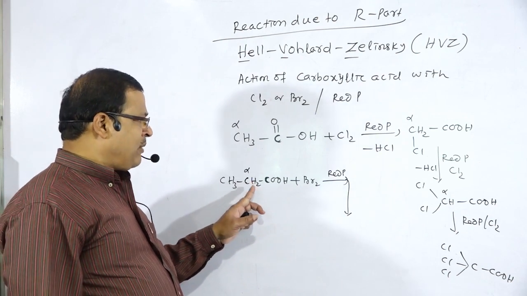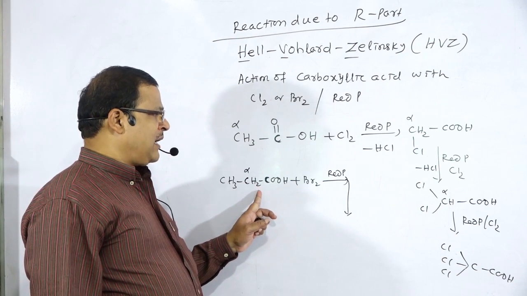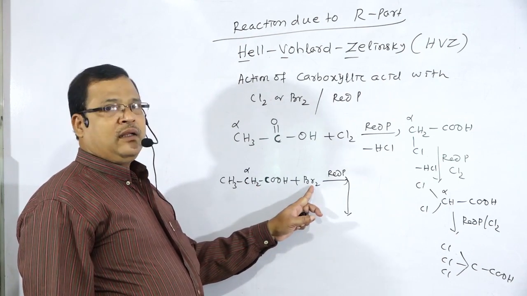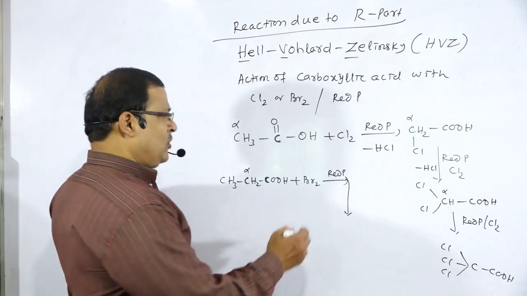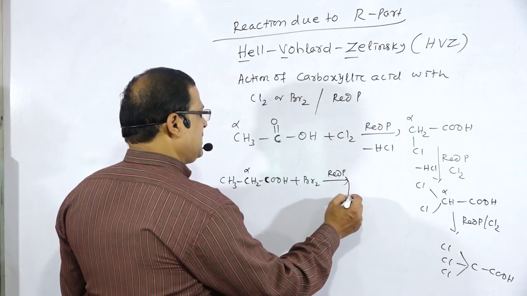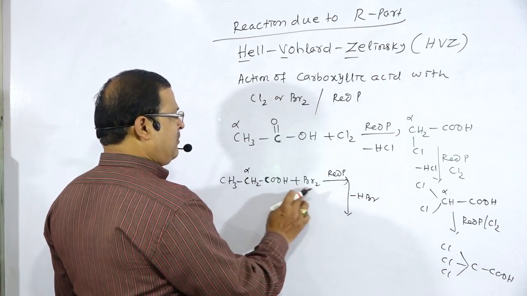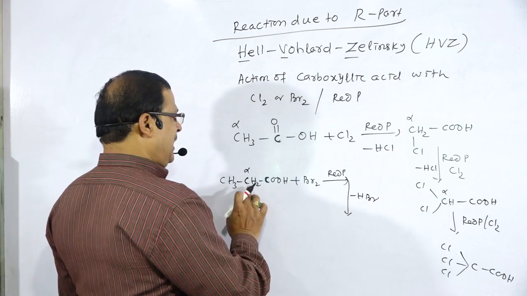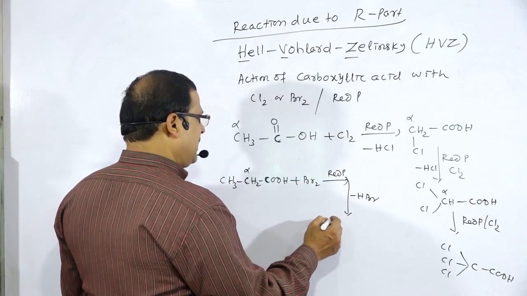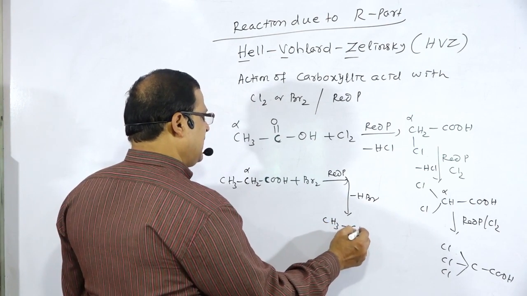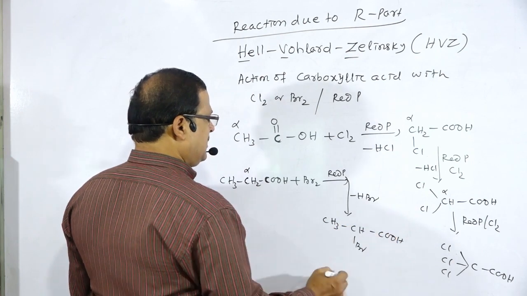In subsequent stages these 2 alpha hydrogen atoms will be replaced by bromine. If you take chlorine, they will be replaced by chlorine. In this case, minus HBr: the alpha hydrogen atom and bromine are removed as HBr, and one hydrogen atom is replaced by bromine, forming CH3CHBrCOOH.